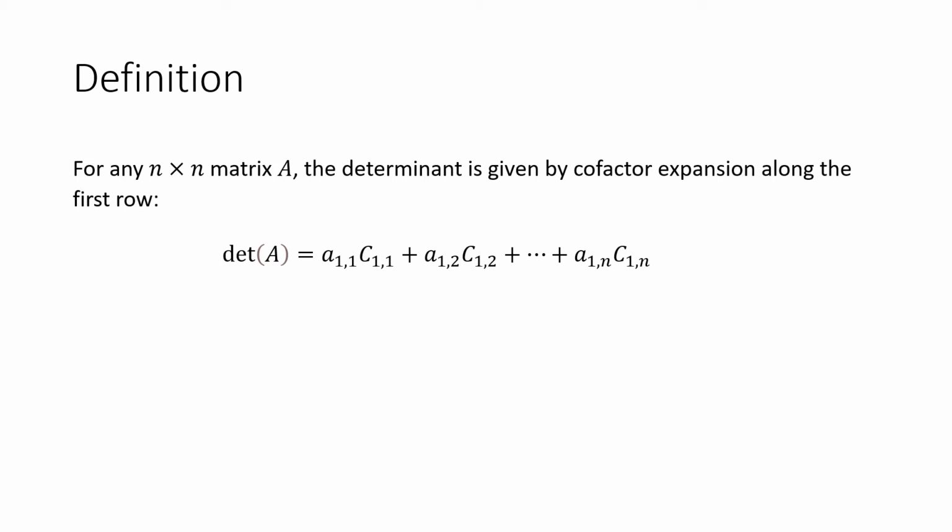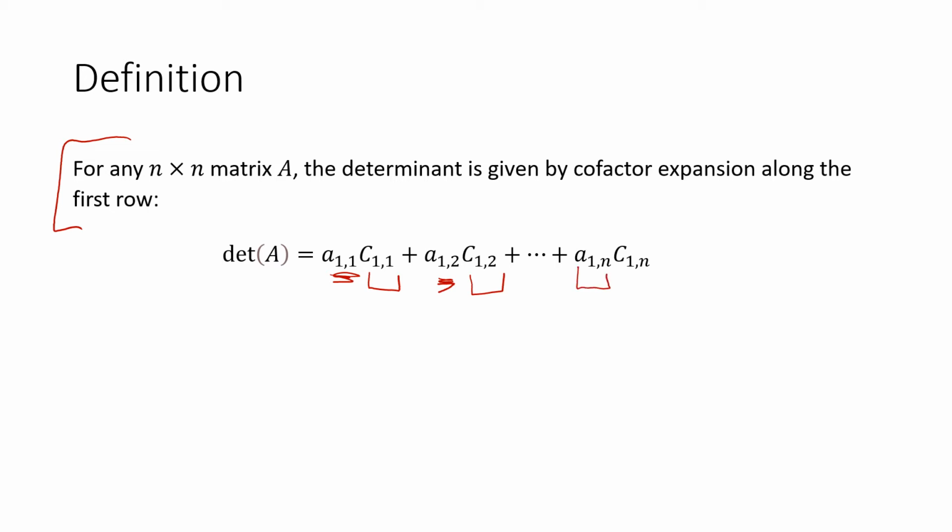So here's the definition. For an n by n matrix A, the determinant is calculated by doing the cofactor expansion along the first row. So the determinant of A is equal to the 1, 1 term in your matrix A times the cofactor C11, plus the second number in the row, A12, times the cofactor C12, and so on all the way along your entire row until you get to the final entry.